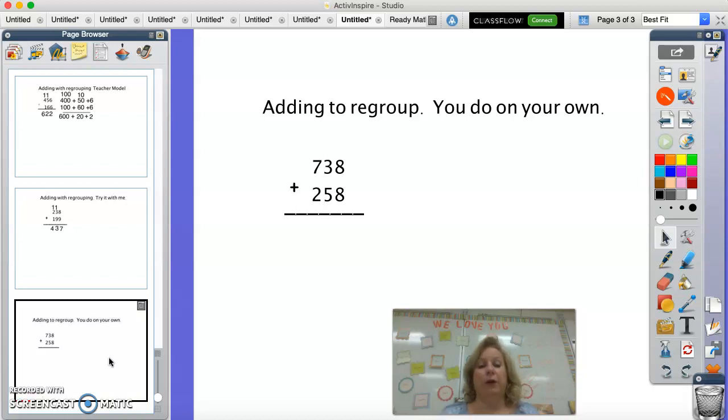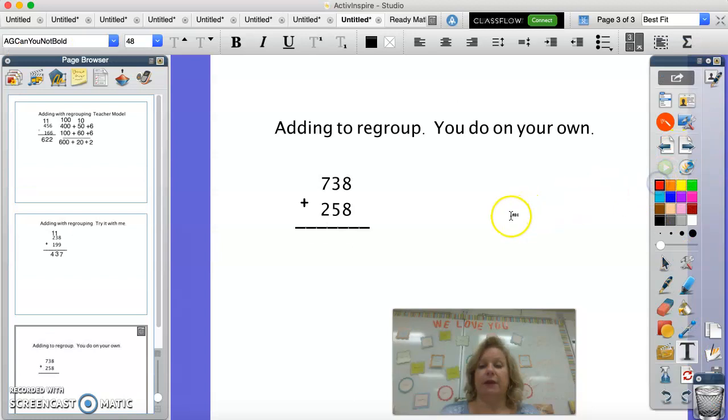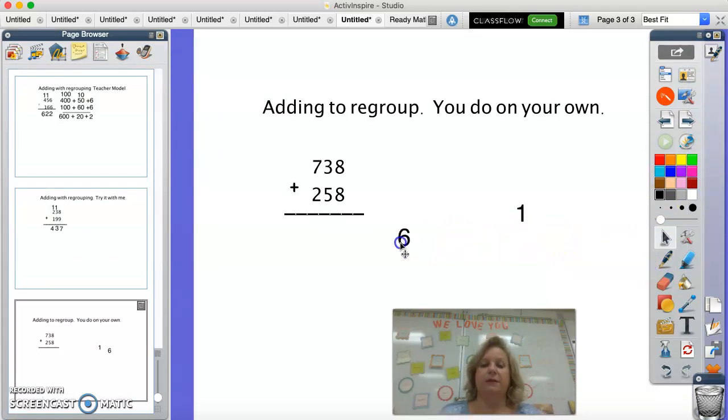Okay, we're going to check your answer. I'm going to use place value to add with regrouping. I know 8 plus 8 equals 16, so I'm going to write down my 16 over here. I'm going to take my 6, which is in my ones place, put it under my ones, and take that 1 and regroup it to my tens.